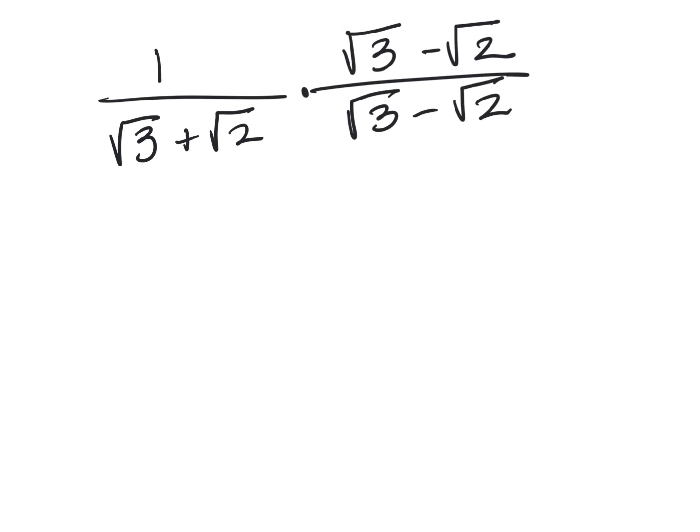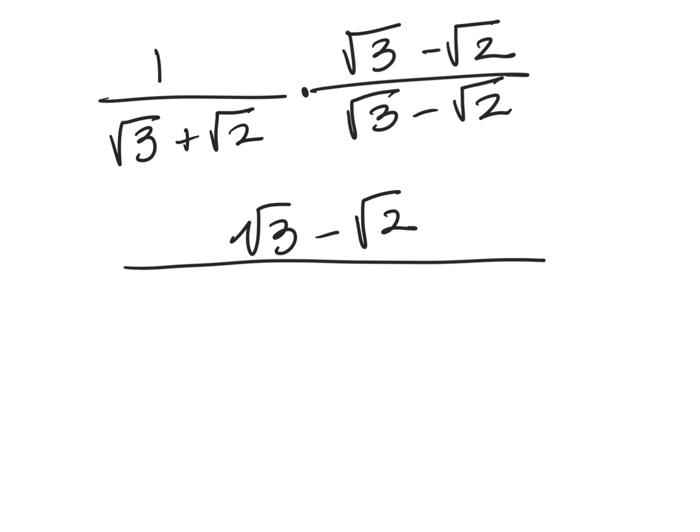So here we go, multiplying by the conjugate. The top stays the same. The bottom gets FOILed out, but because I multiplied it by the conjugate, I know how that's going to FOIL. It's going to FOIL the first thing squared minus the second thing squared. The first thing squared is root 3 minus the second thing squared.